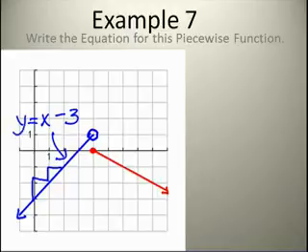The other line might be a little more difficult. I want to start on this one by finding my slope. So I'm going to look at this point and this point, and I'm just going to count my slope. So I have a rise of -1 and a run of +2, so my slope for this one is -1/2.